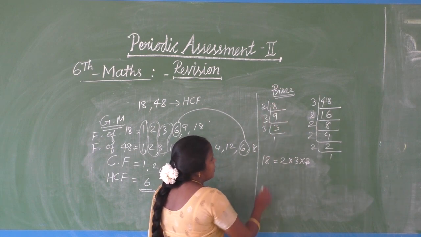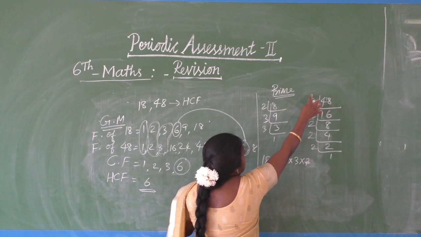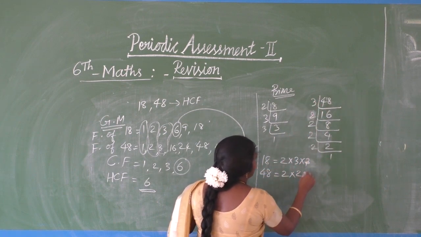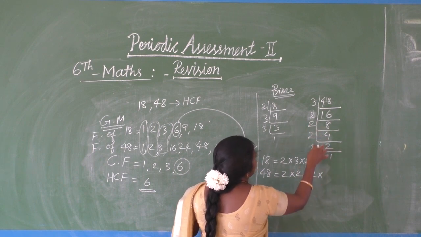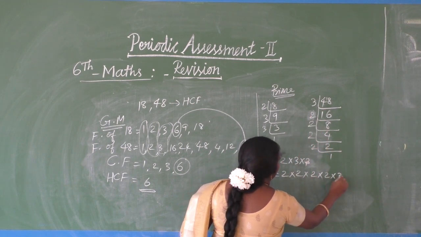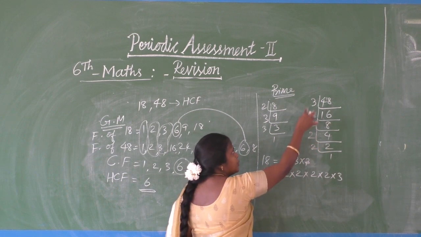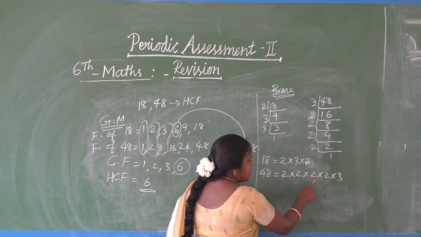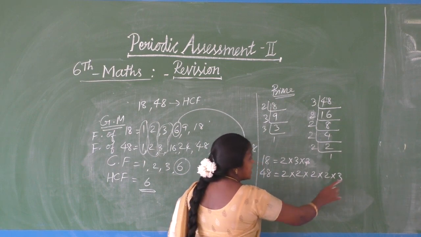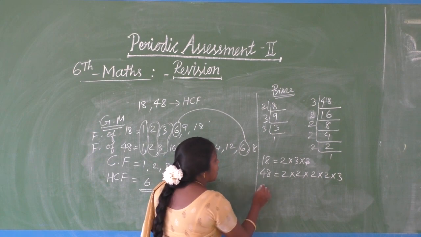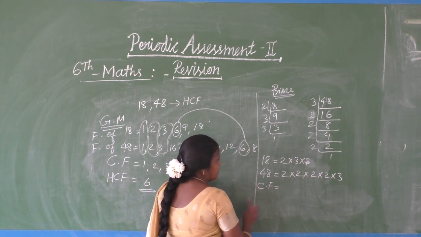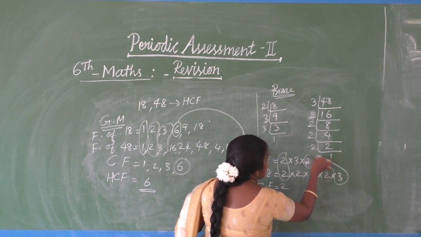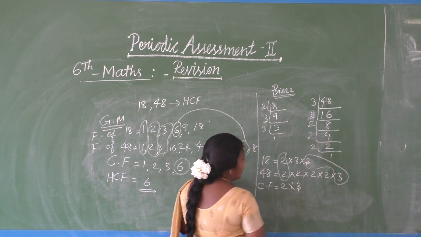Coming correctly. 48 is 2 into 2 into 2 into 2 into 3. 2 2s are 4, 4 2s are 8, 8 2s are 16, 16 3s are 48. Now the common factors: 2 and 3 only.